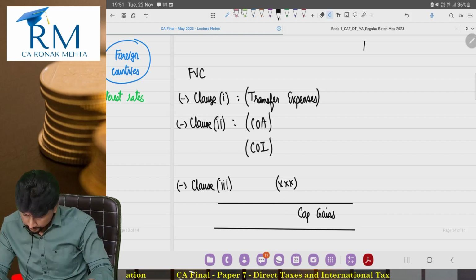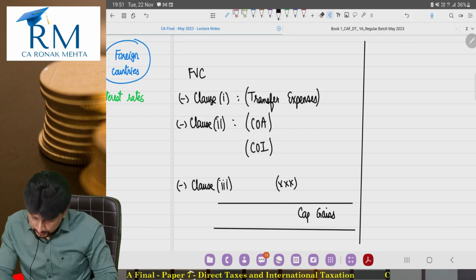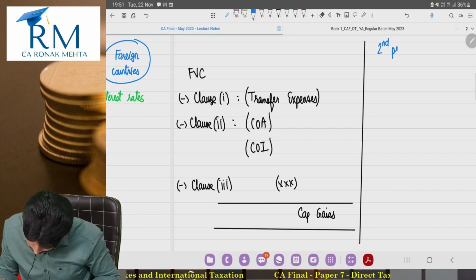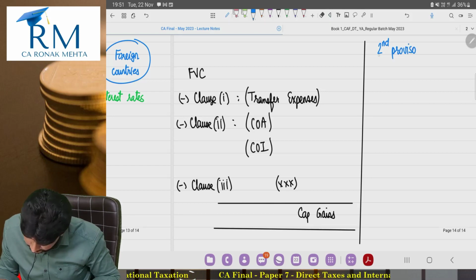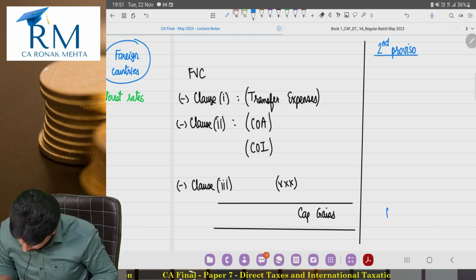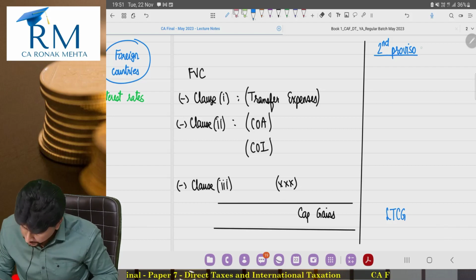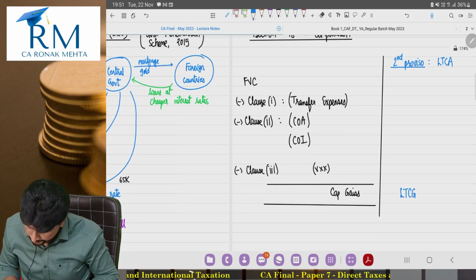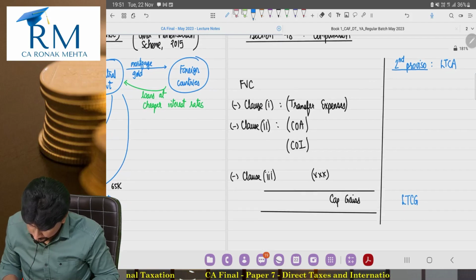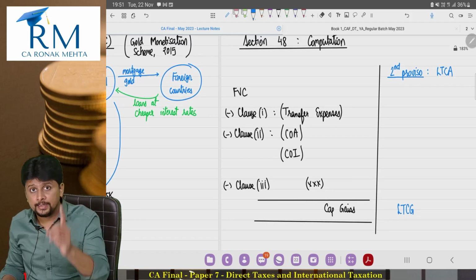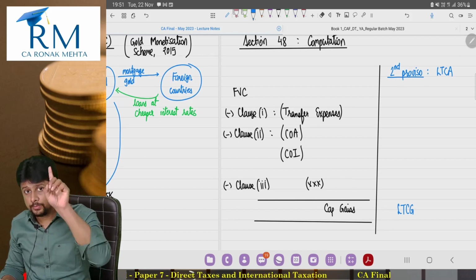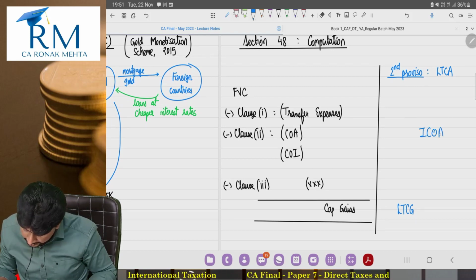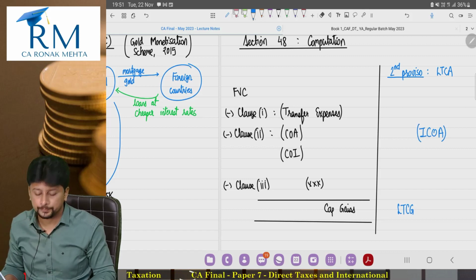But then we also read the second proviso, and what is the second proviso saying? If long-term capital gain arises from the transfer of a long-term capital asset, then in clause number 2, instead of cost of acquisition, you will read it as index cost of acquisition.